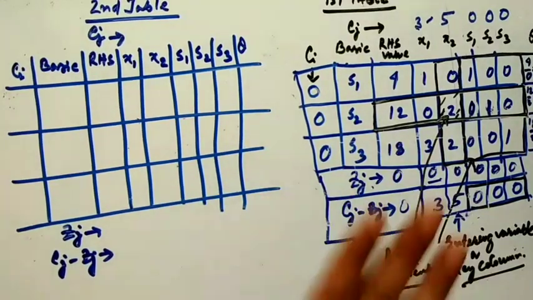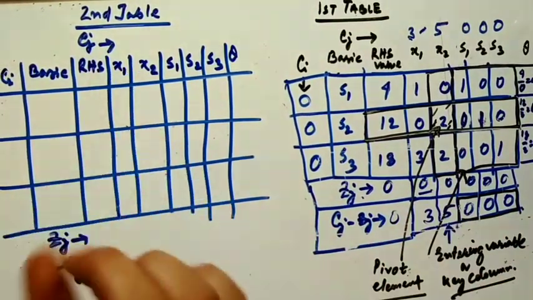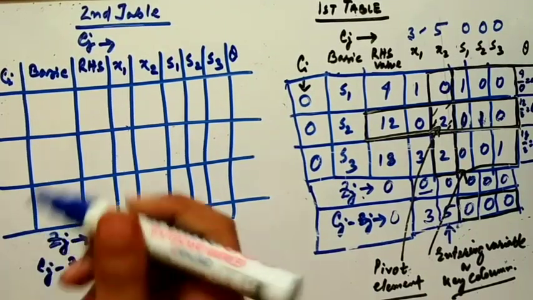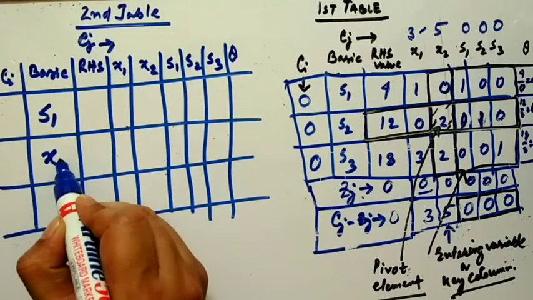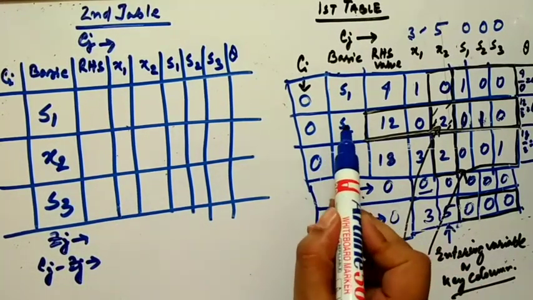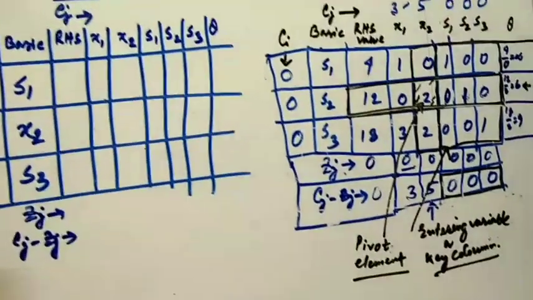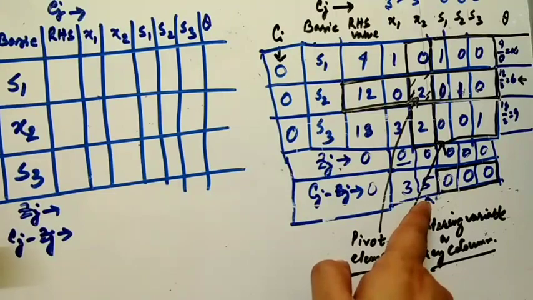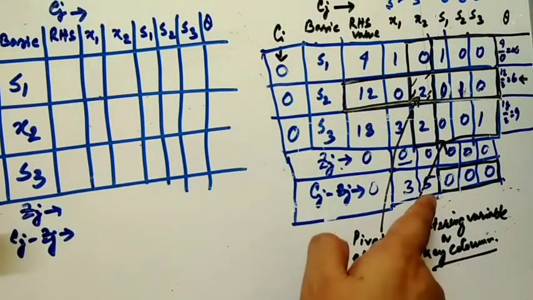Now I have written the same table as this one, but only one change is over here. You can see it over here. I will write the basic values. This is S1, this will be S2, and this will be S3 as earlier, but this particular row has been changed to S2. Why? Because in this case this was the entering variable, corresponding to this key column.